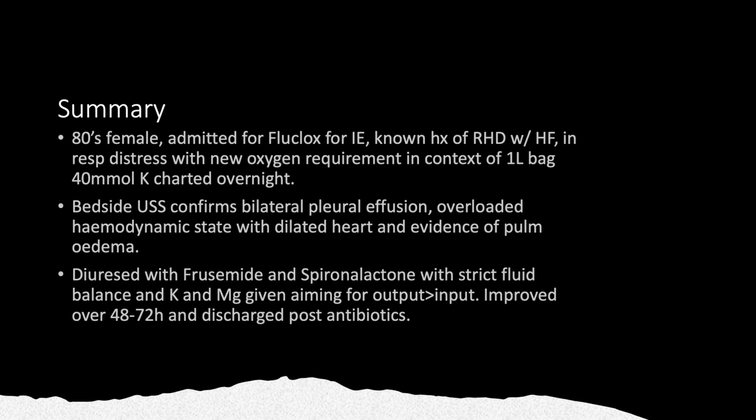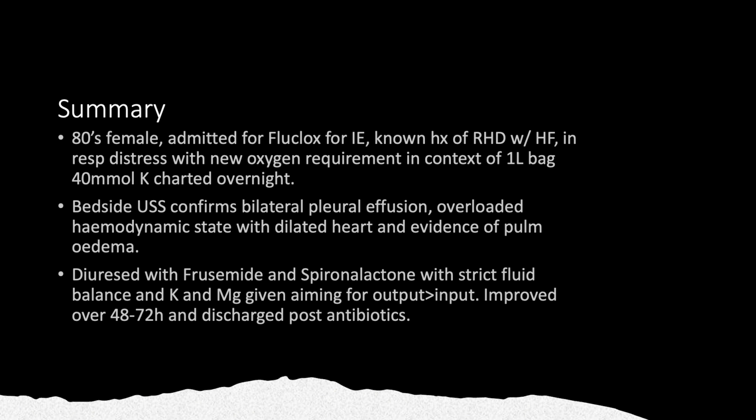So to summarise the case, this is an 80s female admitted for flucloxacillin for infective endocarditis. She had known rheumatic heart disease with heart failure. She was in respiratory distress with a new oxygen requirement in the context of a 1 litre bag of 40 millimole potassium being charted overnight. Her bedside ultrasound confirmed bilateral pleural effusion.